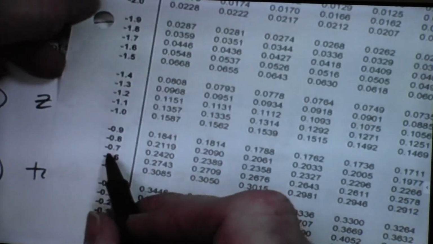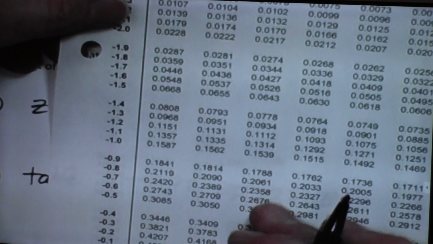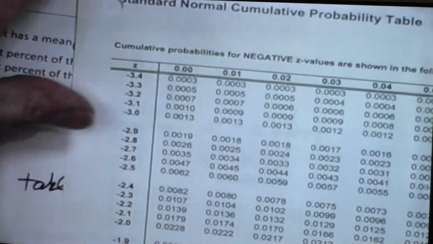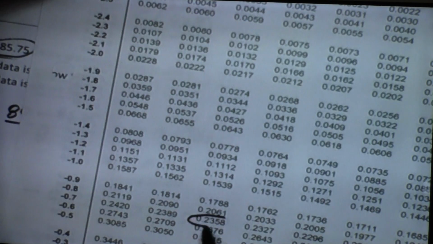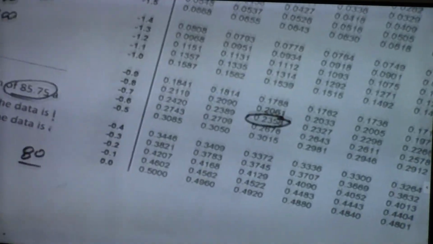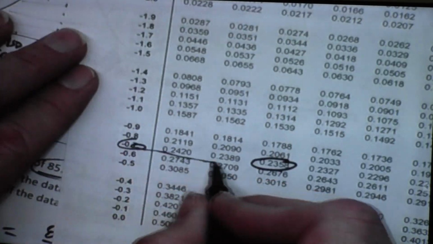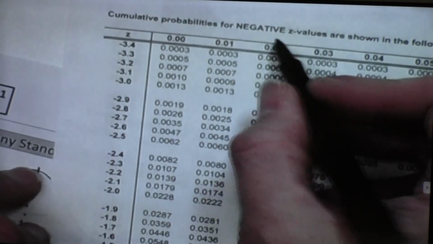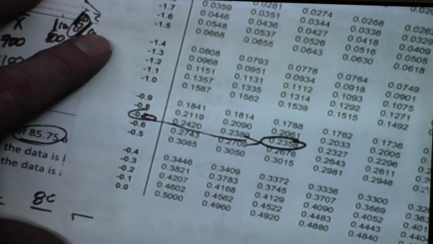So here's 0.7 negative, and this is 0.1, and that's 2. Yep, 0.02. And that means, let me circle it on here, 0.2358, and that's what I got. So it's 0.7 going out that way, and here's the 0.2. So that's what you mean.